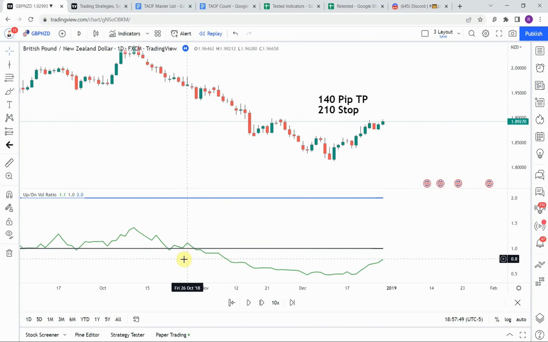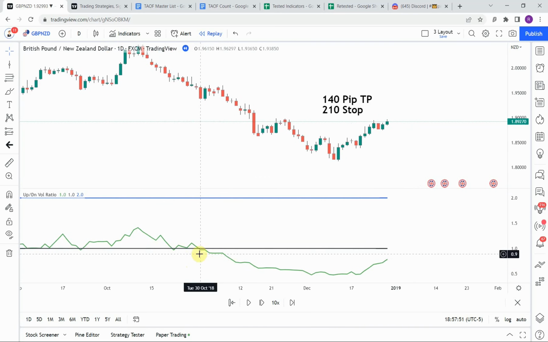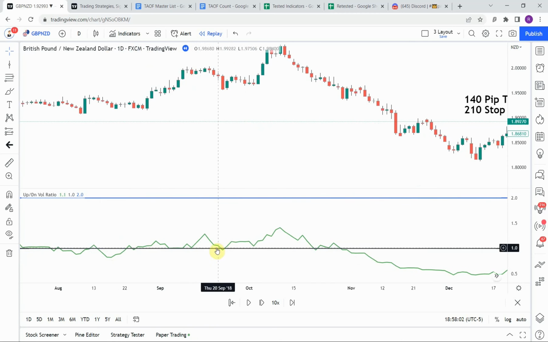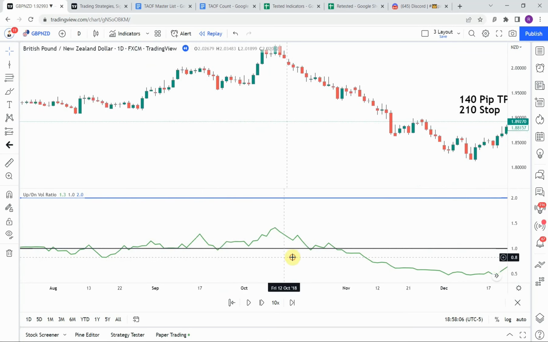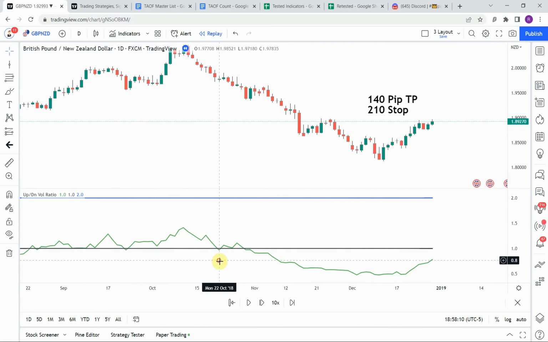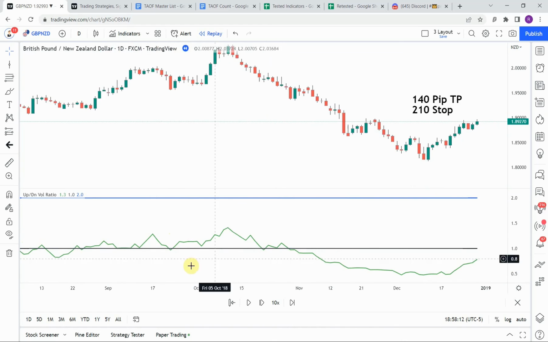Basically, the indicator page says anything below the 1.0 is a bearish momentum, and anything above the 1.0 is a bullish momentum. And so, as you can probably guess, what we're looking for is that cross there.